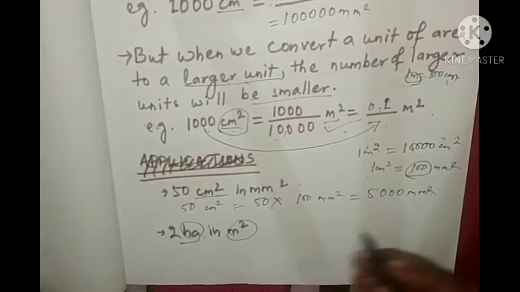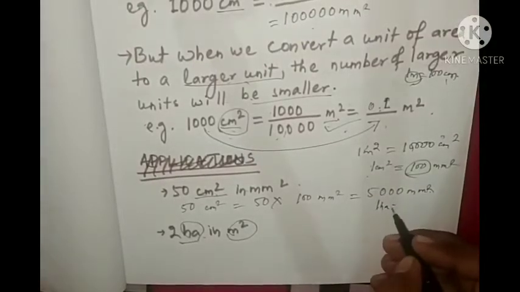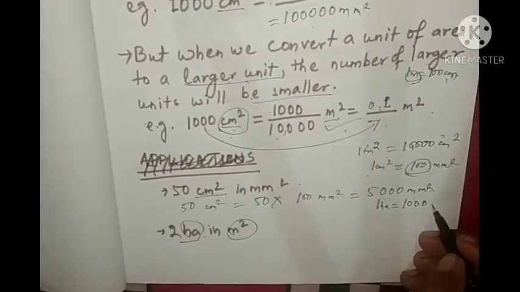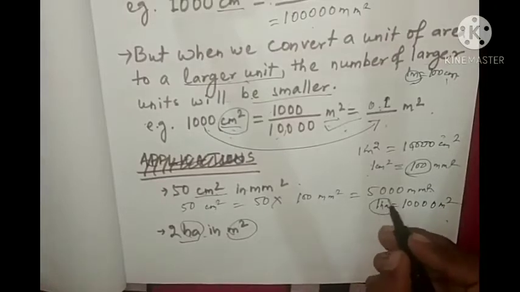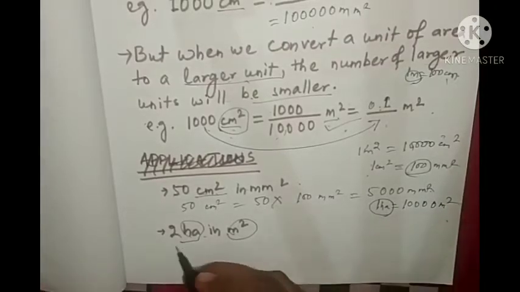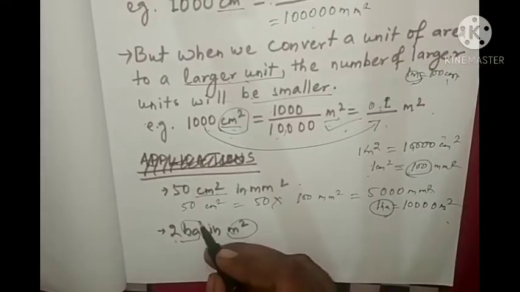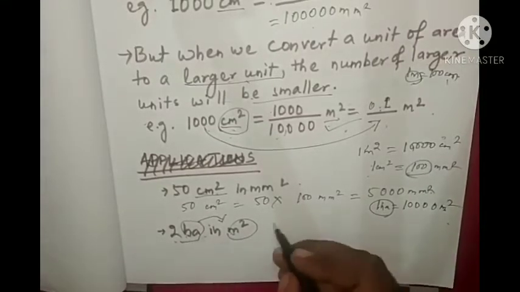Okay. Then hectare into square meter. Hectare is what? 1 hectare equal to how much? 10,000 square meter. So which one is bigger? Hectare. Hectare is bigger than the meter. So when we are converting smaller to bigger, then we are dividing.